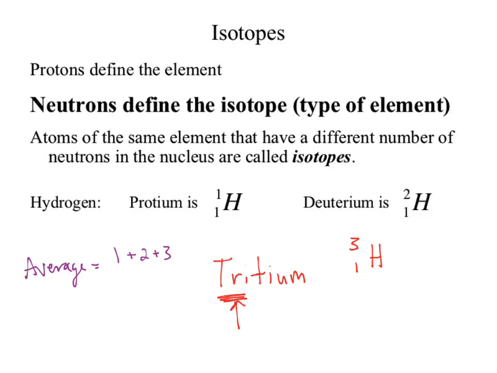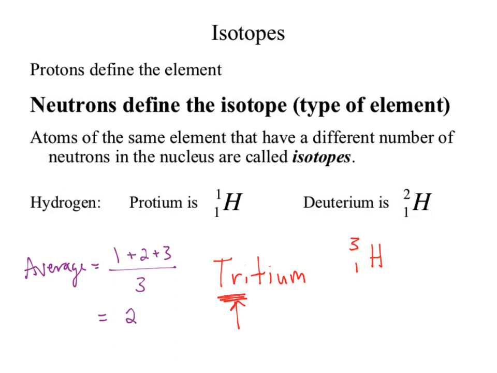If I want the average, what do I now need to divide by? 3. What would I get as an answer? Not 1 is a good answer, but we can do a little bit better than that. You get 2. So the average mass for hydrogen, according to our calculation, is 2. And we look at the periodic table, and it says 1, not 2.